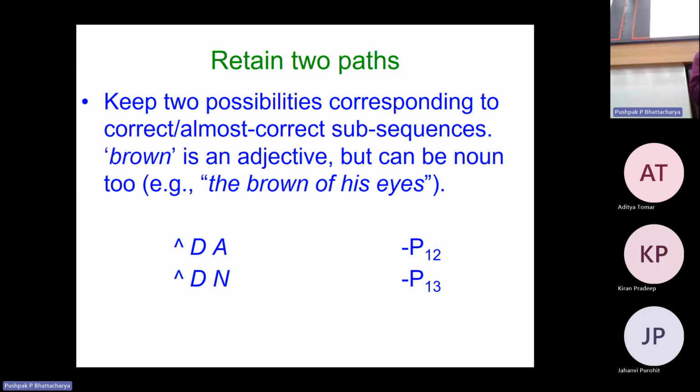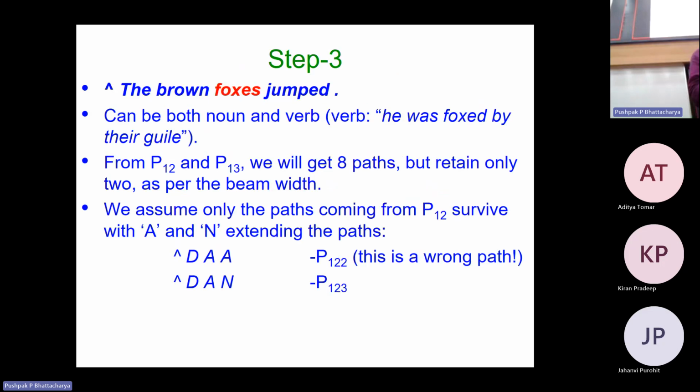What is the next step? Now the word we encounter is foxes. It can be both noun and verb. Verb: he was foxed by their guide, which means he was deceived by the tricks. From P12 and P13, we'll get 8 paths, but retain only 2 as per the beam width.